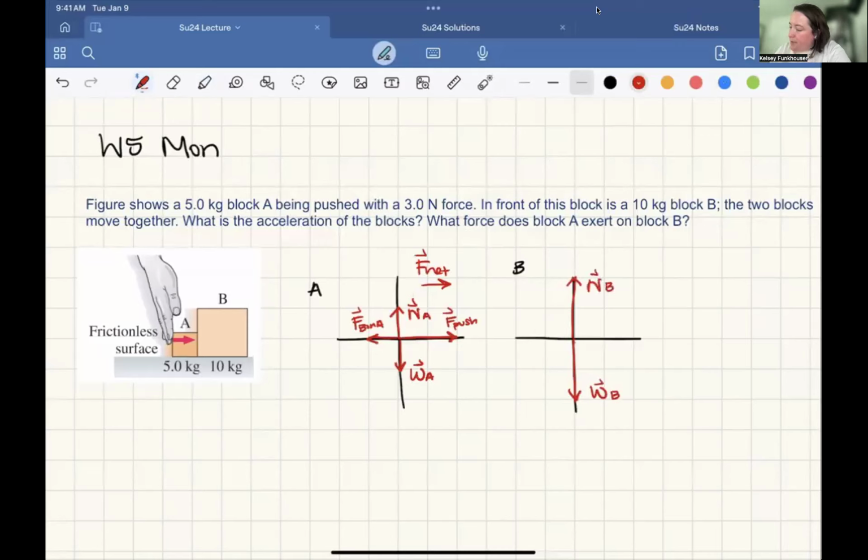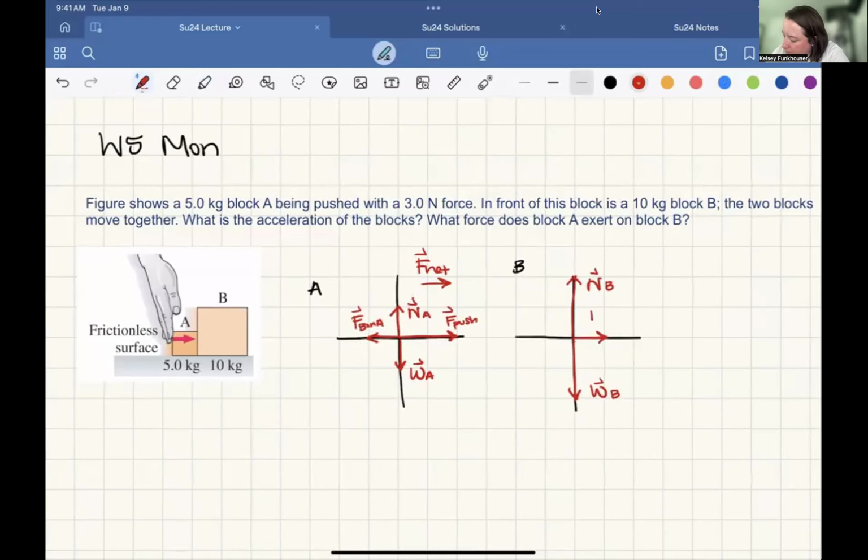Normal B. And then the only horizontal force that block B is feeling is the one from block A. So we're going to try and make that the same size, but it's opposite in direction. And this is the force from block A on B. And these, I'm just going to label our action-reaction pair. So here they are. Those are our action-reaction pair of forces.